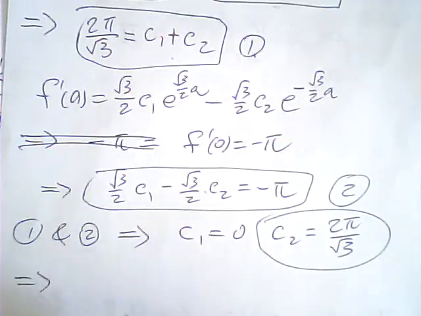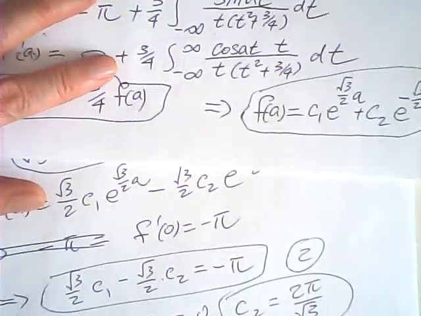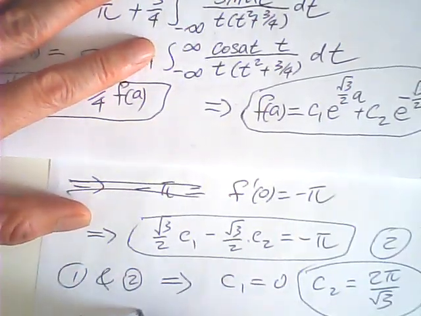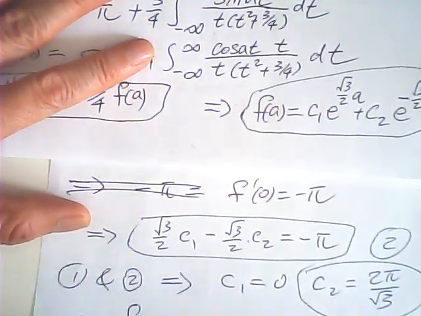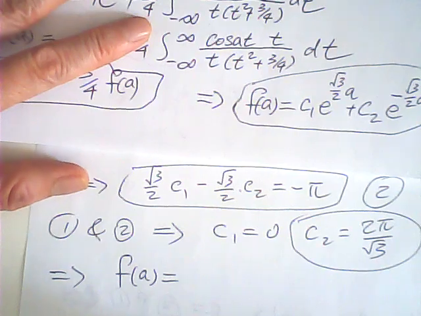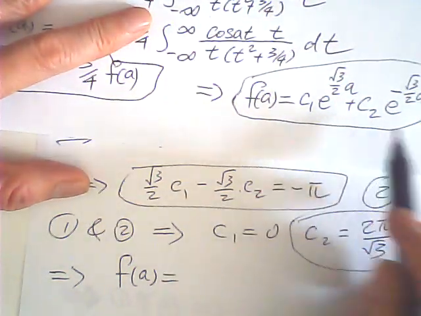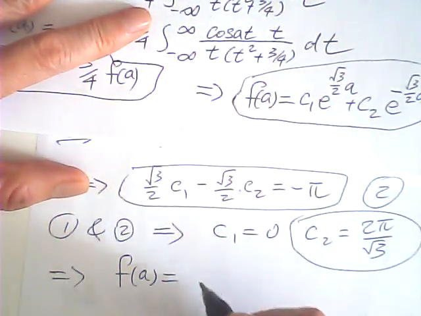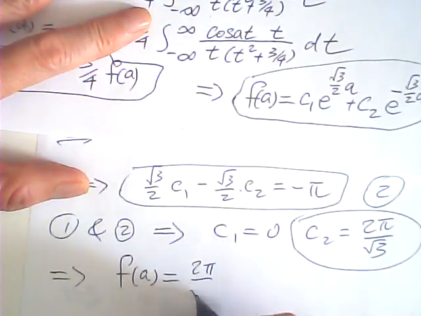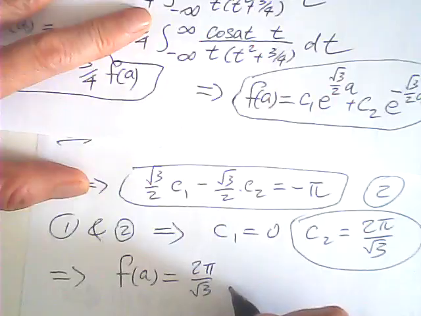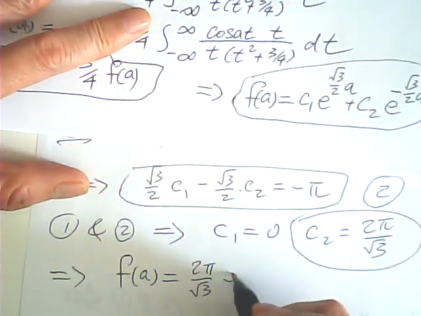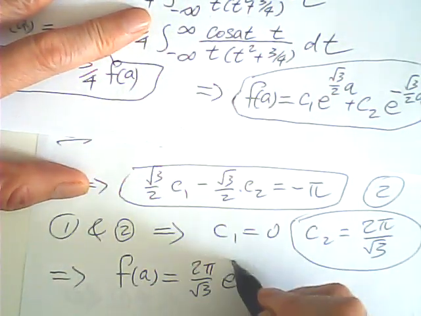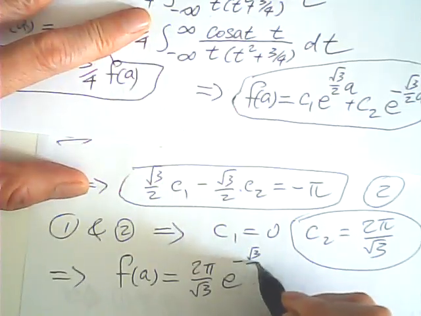Therefore, my f of a is equal to 2 pi over root 3, that's c2, times e to the negative root 3 over 2 a.